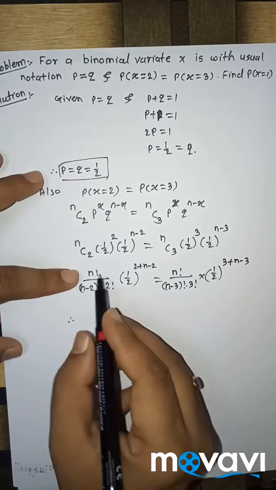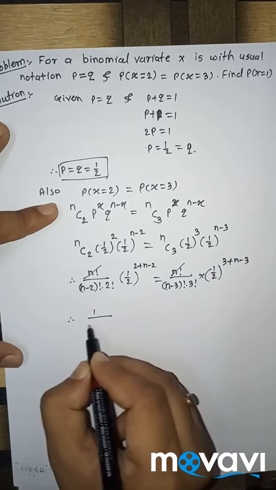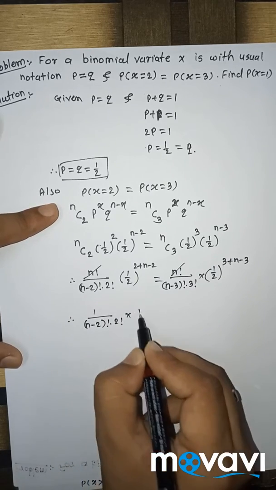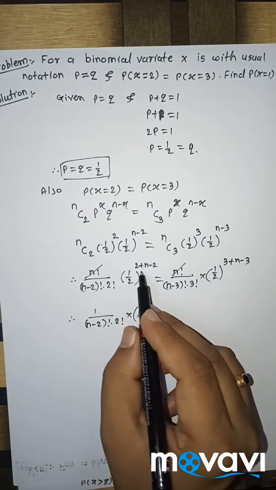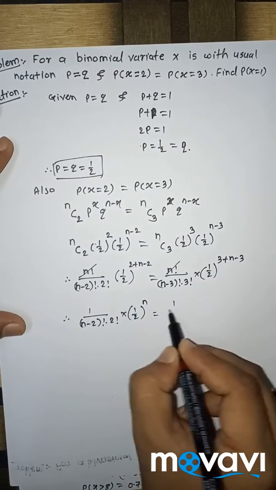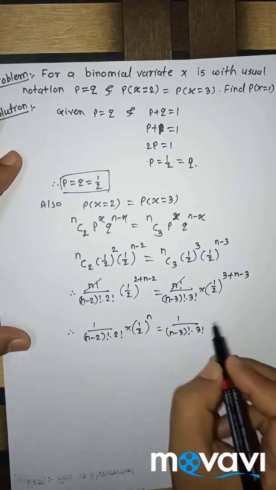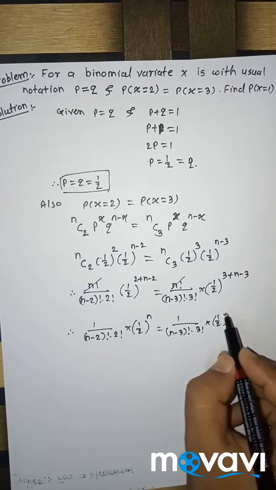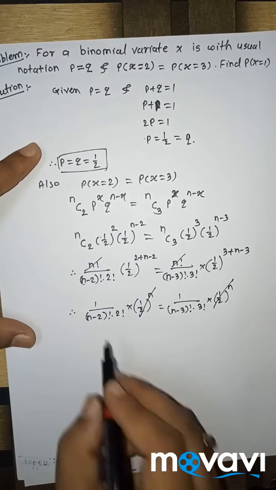Therefore, here this n factorial is cancelled with this n factorial. 1 upon n minus 2 factorial into 2 factorial into half raised to 2 plus n minus 2 is n. This is equal to 1 upon n minus 3 factorial into 3 factorial into half raised to 3 plus n minus 3 is n. This half raised to n is cancelled with this half raised to n.